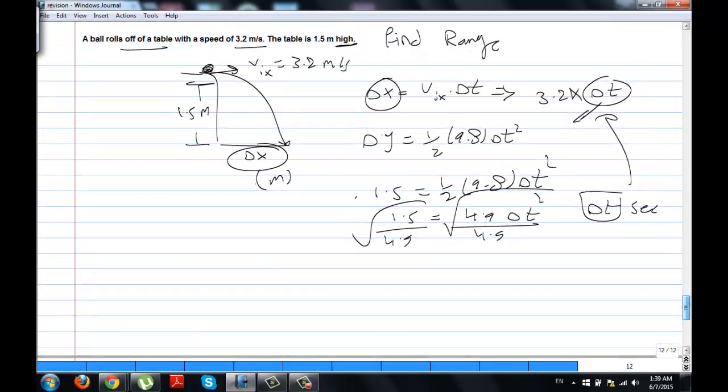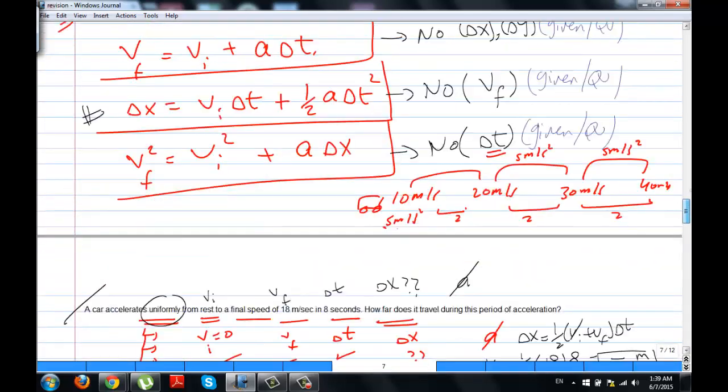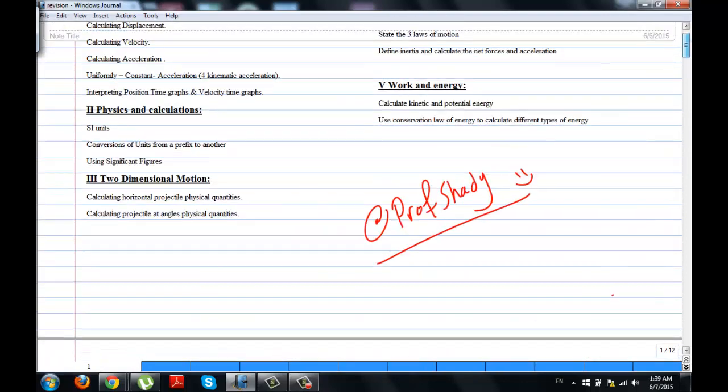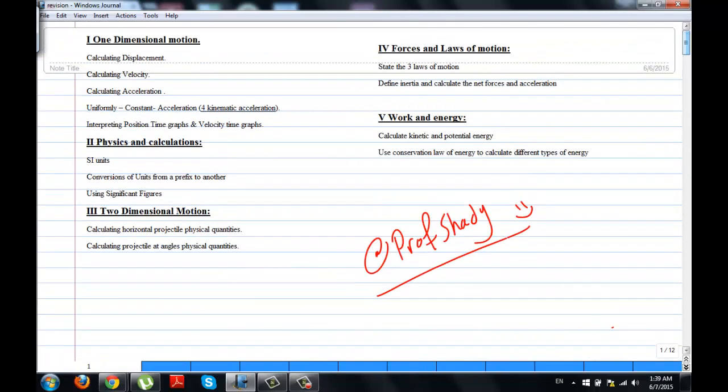So by now we summarized most of the ideas related to calculating displacement, velocity, and acceleration, using the uniform acceleration, the four kinematic equations. And here I'm going to make a video later for interpreting the position-time graph and velocity-time graph.